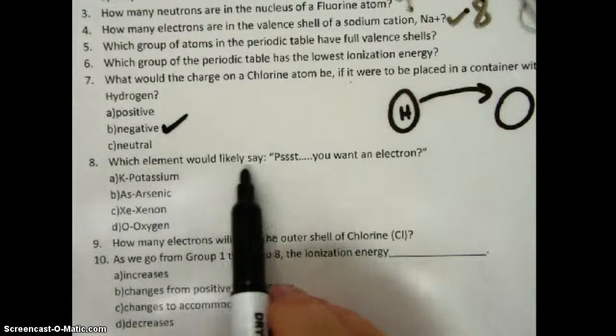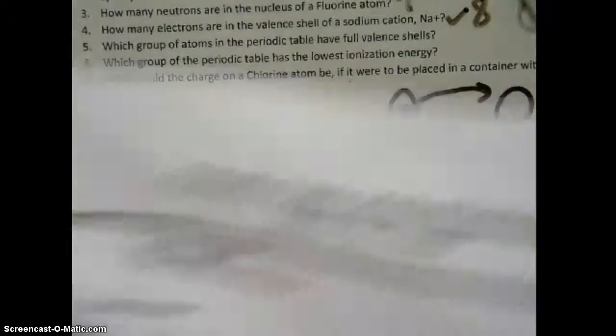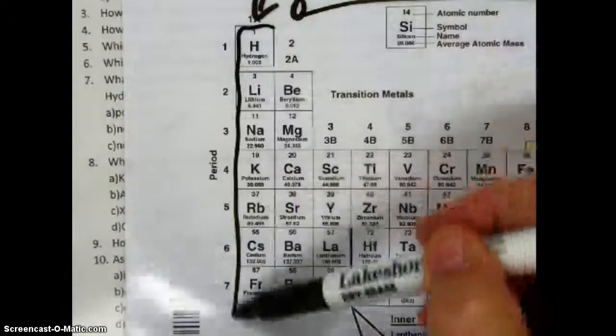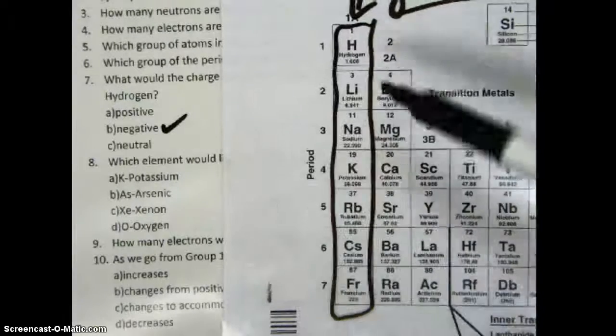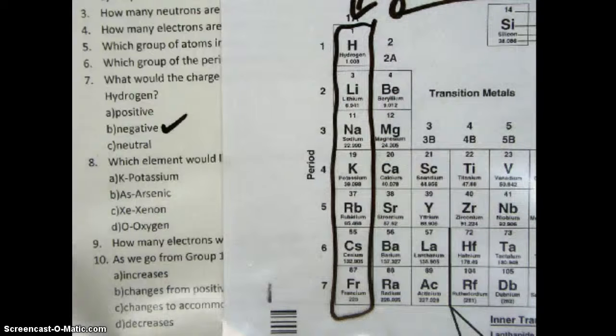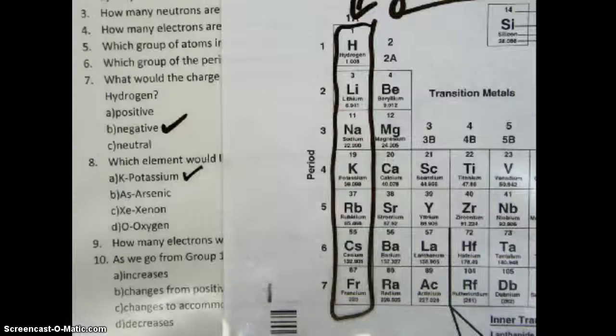Which element would likely say, "Psst, you want an electron?" We need to remember that the ones on the left-hand side with the low ionization energy are the ones that want to give away electrons, okay? So let's take a look at which one of those are here. Potassium is not on, oh actually, yes, potassium is in that group.